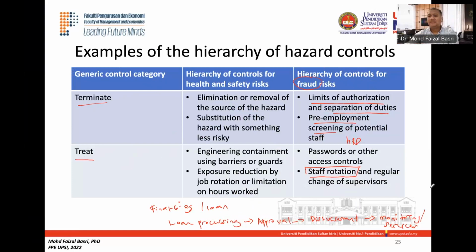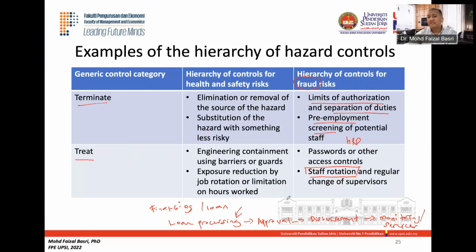By doing this, you reduce the potential of fraud by customers, especially in, let's say, loan processing. Loan processing staff are the gatekeepers, they process and then they recommend.